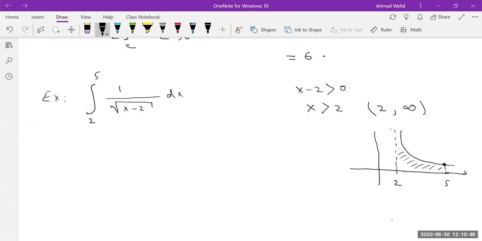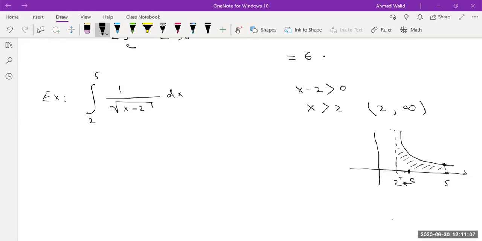What you do, you choose another point here, c. Take the limit, c is approaching 2. You see clearly in the graph, that's why I'm graphing to show it to you. From which side are you approaching 2? You are approaching 2 from the right, correct?